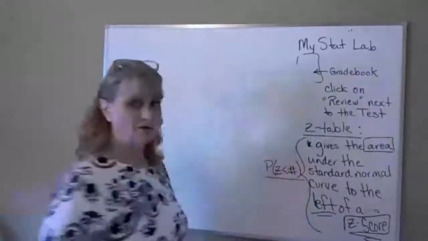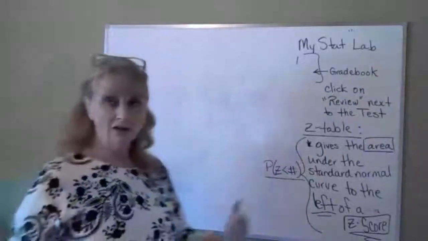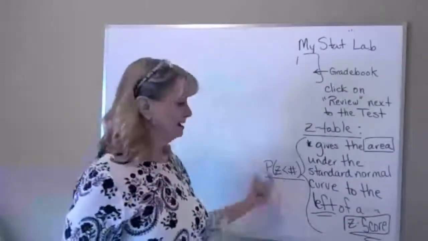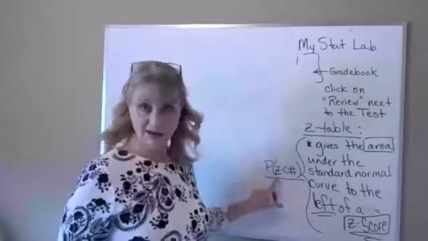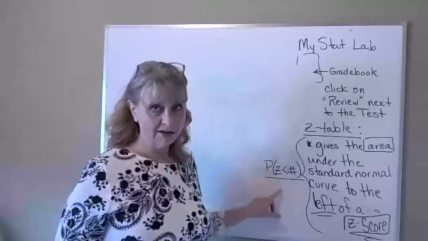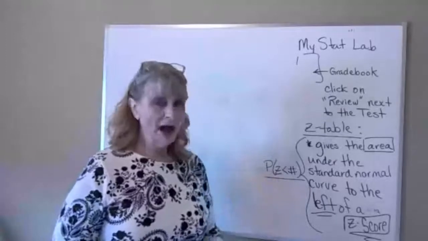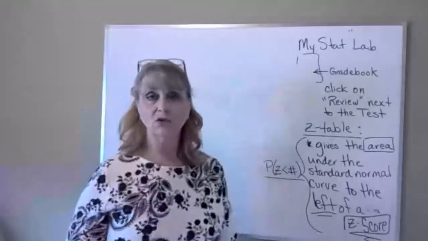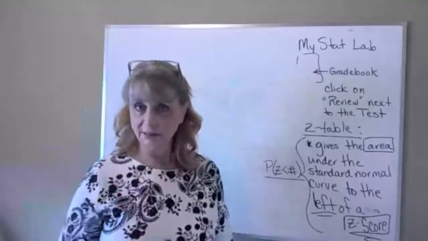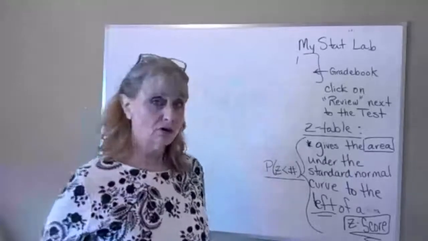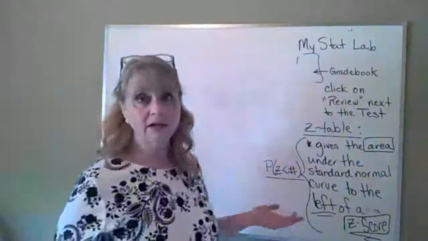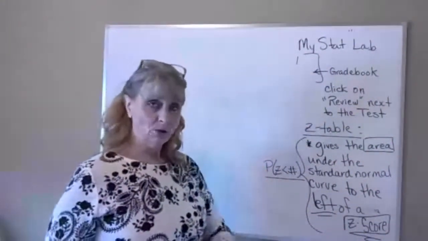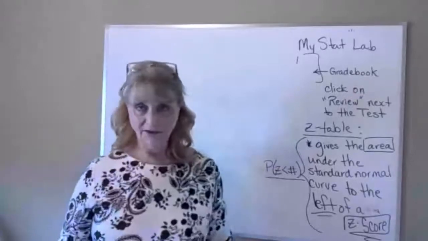That's what the table gives you. It gives you the area to the left, so it tells you the probability that a z-score is less than a certain number. Notice I used z, not x. You have to have that z-score. You have to know how many standard deviations it is above or below the mean in order to find the area or the probability of that z-score being less than, to the left.